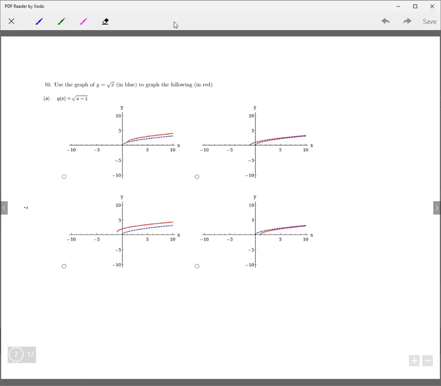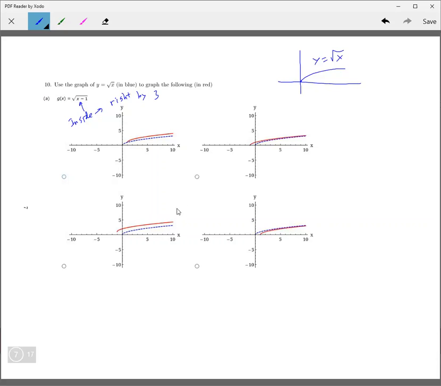Okay, number 10. Use the graph of y equals the square root of x to graph the following in red. So this right here, this -1 is inside. That means it's going to go right by 1. The original graph, y equals the square root of x, looks like that.